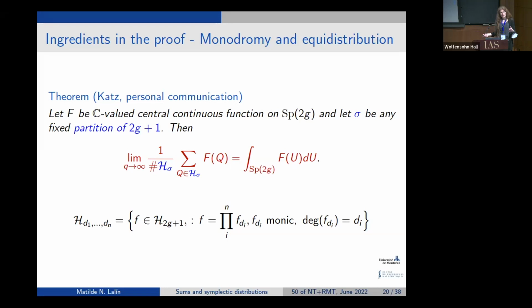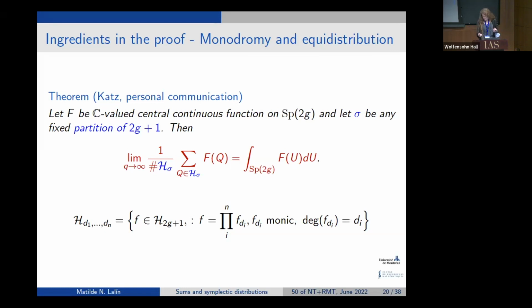What I mean is that I'm forcing f to have a certain factorization, but f_{di} doesn't have to be prime or anything; it could be further factorizable. But if I have more than one index here, I cannot have a prime, for example. I cannot have an irreducible polynomial.